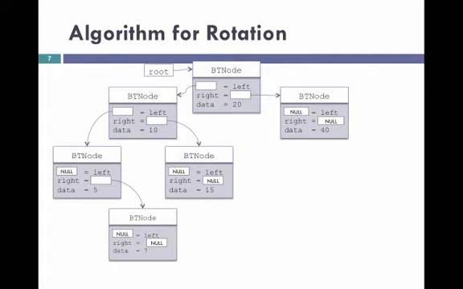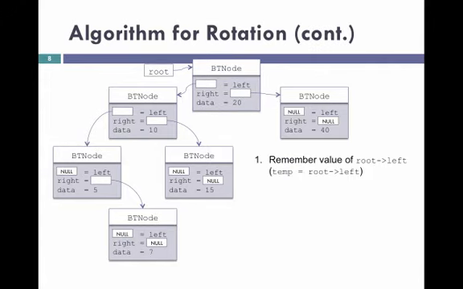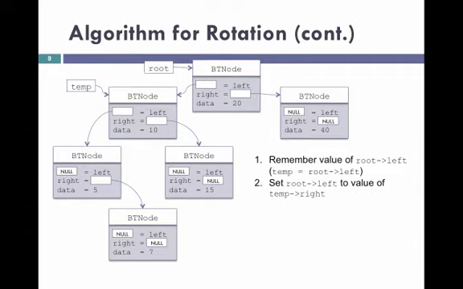Let's look at an algorithm for rotation. So here's a binary tree with the root being 20. So the algorithm is to first remember the value of root arrow left. Okay. So root arrow left is a pointer to the node containing 10. So we'll assign that to temp. Then we set root arrow left to the value of temp right.